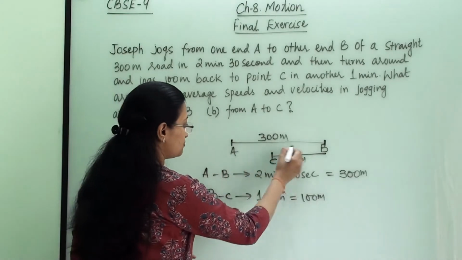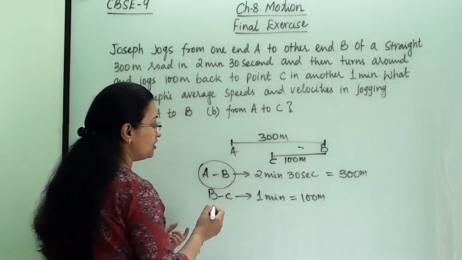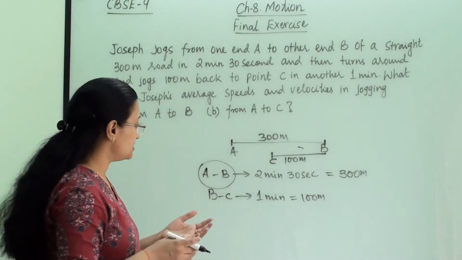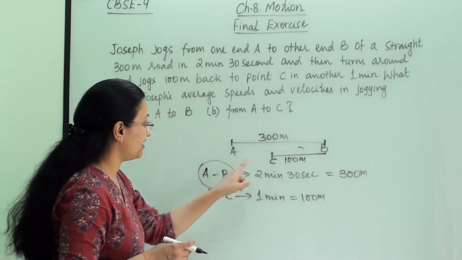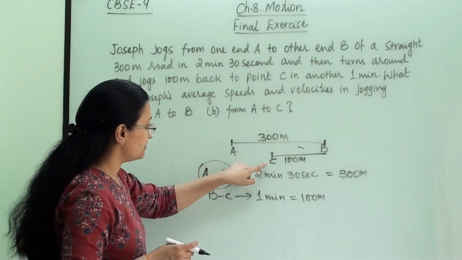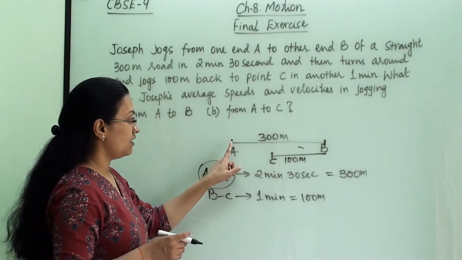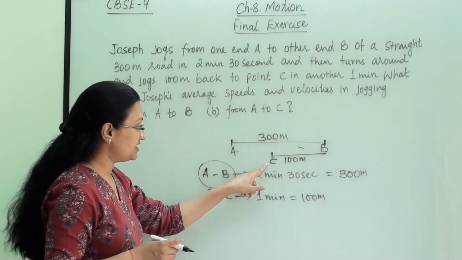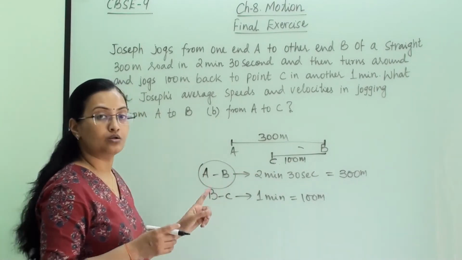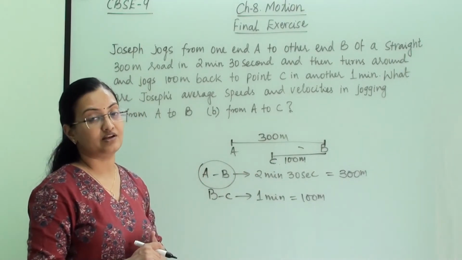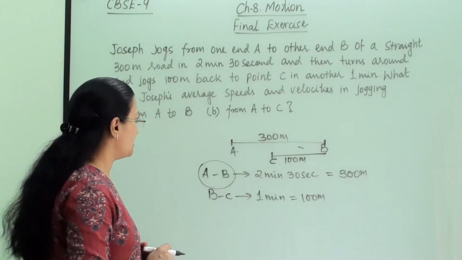So for the first part, A to B, what will be his average speed and velocity, and for the complete track from A to C, when he comes back till point C, what is his average speed and velocity, that we have to find out.